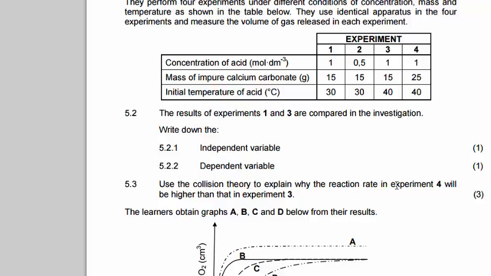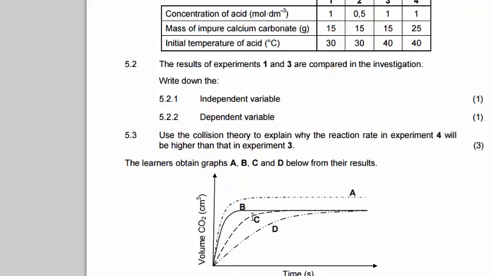Now I'm asking between 1 and 3, which one will have the highest reaction rate? 3, because of temperature. So in other words, between B and C, B will be 3. So we said this one is 4, 3, 2, 1.